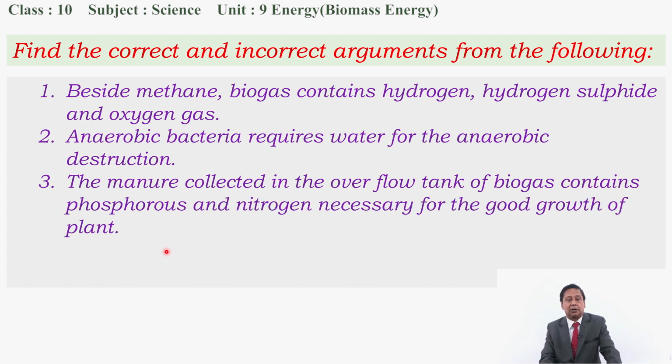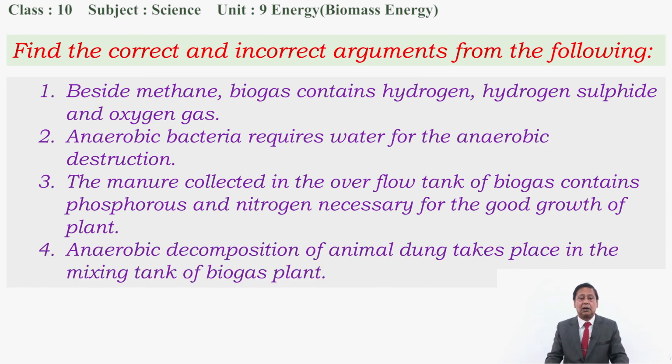The manure collected in the overflow tank of biogas contains phosphorus and nitrogen necessary for the good growth of plant. Is it correct or not? An anaerobic decomposition of animal dung takes place in the mixing tank of biogas plant. Now we have to tick the correct and cross the incorrect.